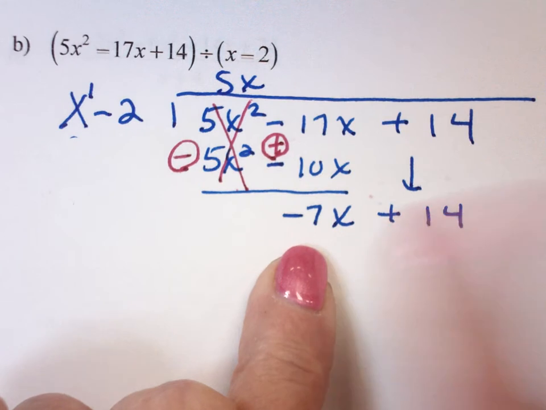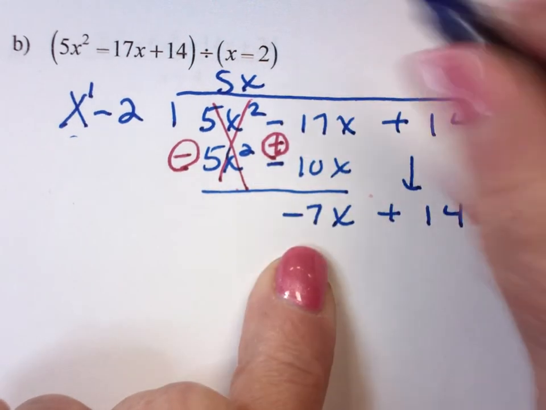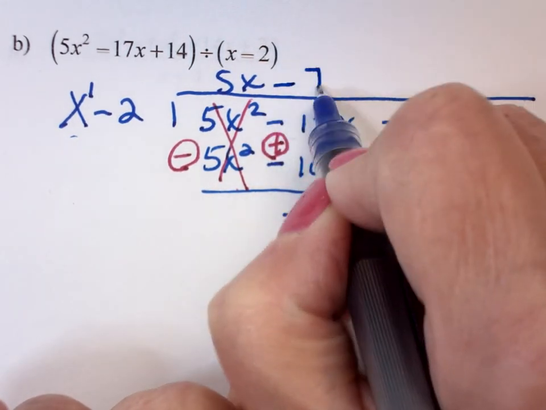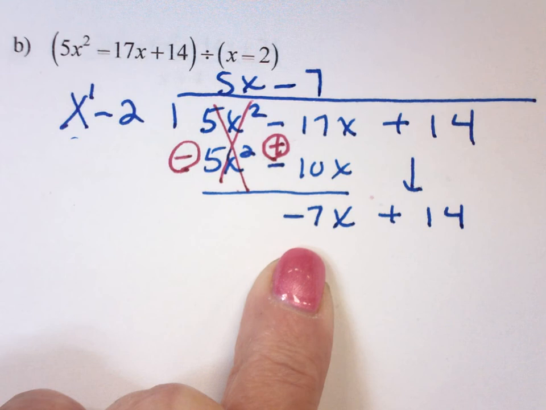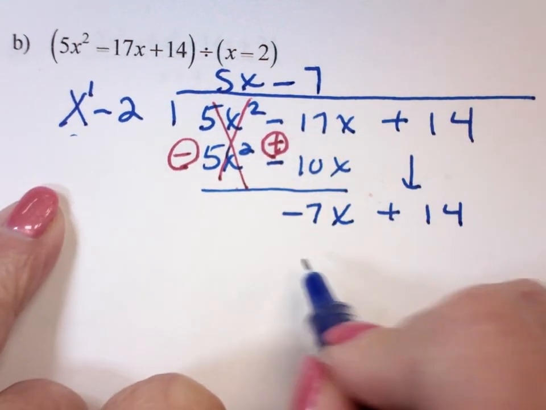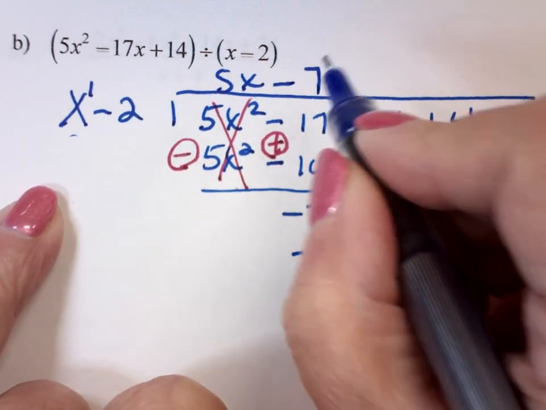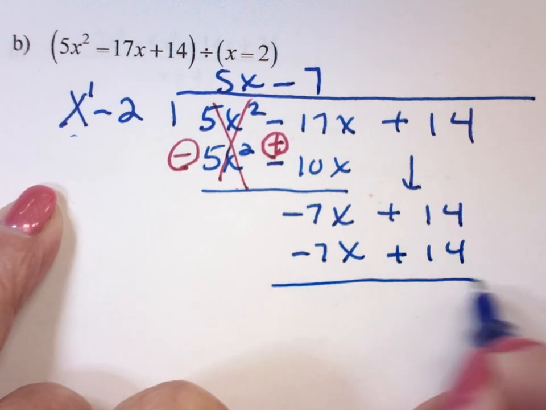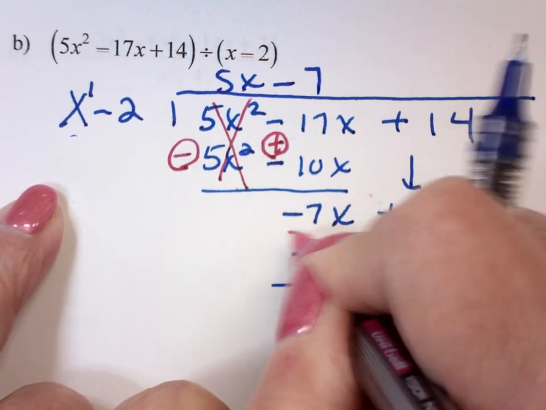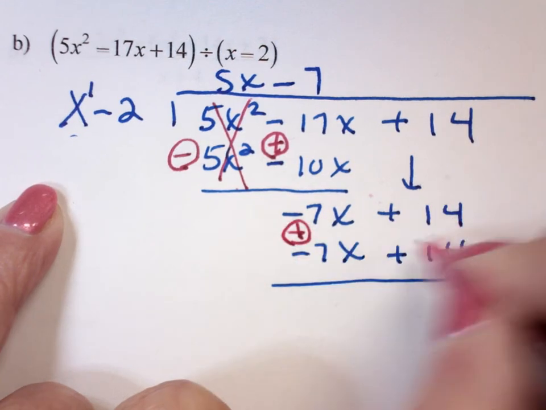And that would be not 7, but a negative 7. Because remember, when I change the sign, what happens? It's going to drop out. So negative 7 times x is negative 7x. Negative 7 times negative 2 is plus 14. And now I subtract, which changes the sign.